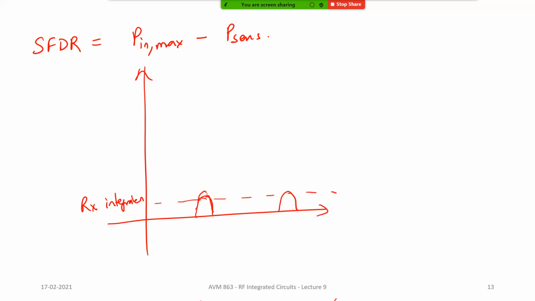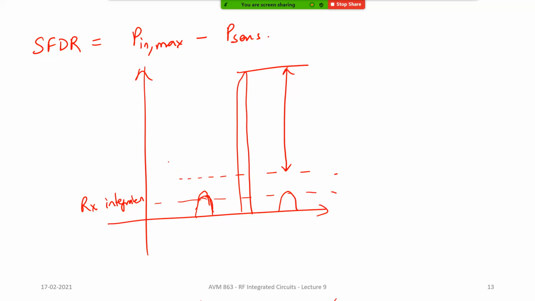This can be a little higher, and this will correspond to a certain maximum input. Let's say this is your sensitivity. This is basically called SFDR. You can have maybe slightly higher tones also. This is one definition.